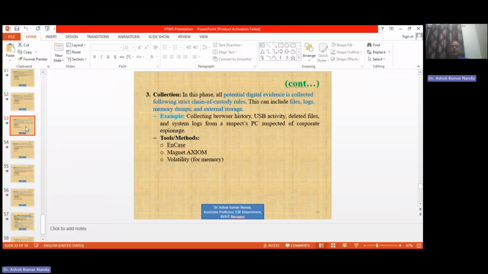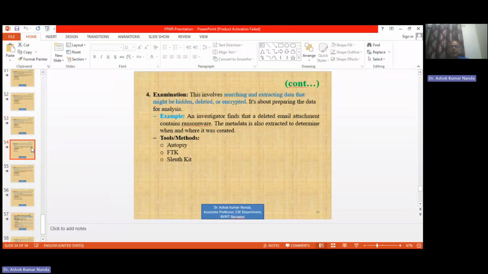For example, collecting browser history, USB activity, deleted files, and system logs from a suspected PC or corporate devices. What tools or methods can we use in this case? EnCase, Magnet, Volatility.